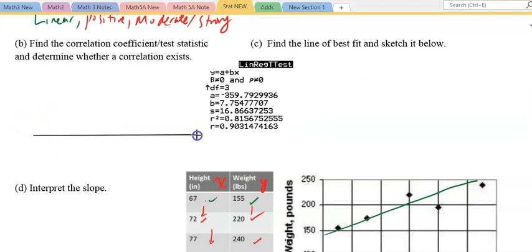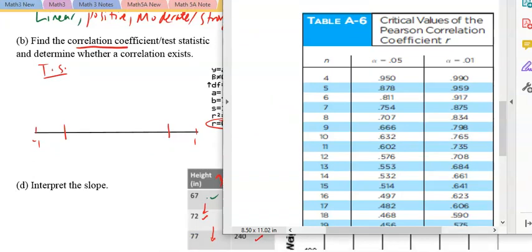It's saying find the correlation coefficient. The correlation coefficient is right there. Test statistics, no biggie. Remember, this is -1, this is +1, and I'm going to look at that table. Let me get the table out. Okay, I got it. It's right there.